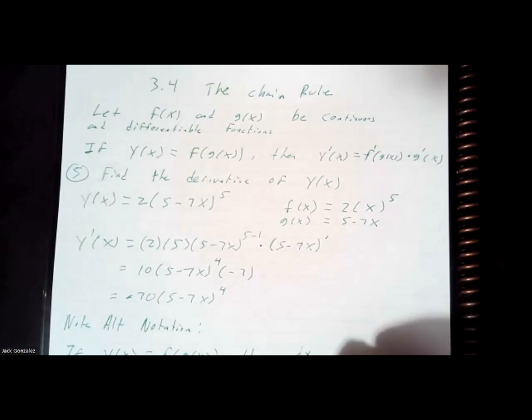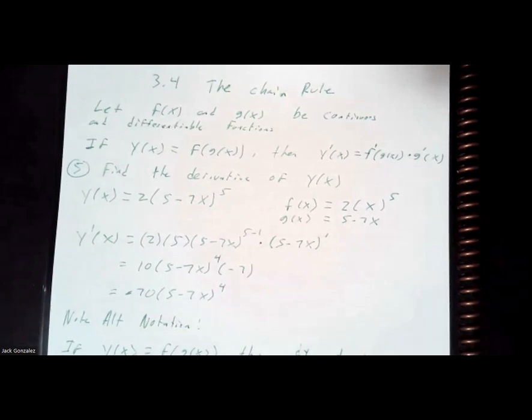Then dy dx would be equal to d dx of f of g of x times d dx of g of x. There you go.